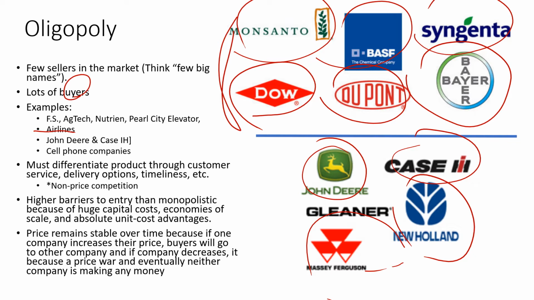So a little business or a little firm just starting out is going to have a hard time keeping up with them. And then that absolute unit cost advantage is just how much it costs them to make, let's say, one tractor or one planter, versus how much it would cost some startup company to make one tractor or one planter. So they have really low cost per unit of production just because their company is so large.